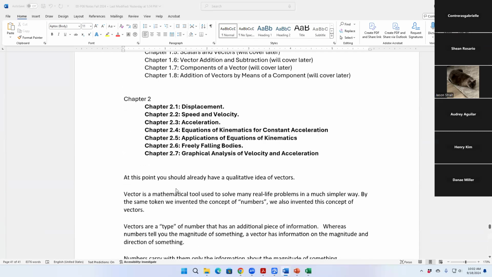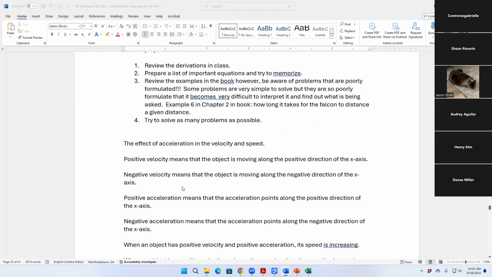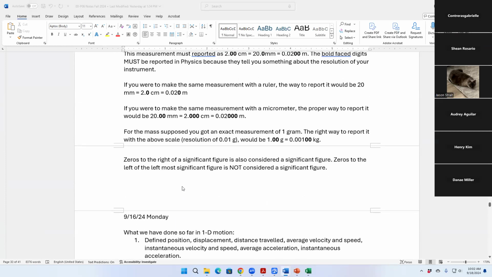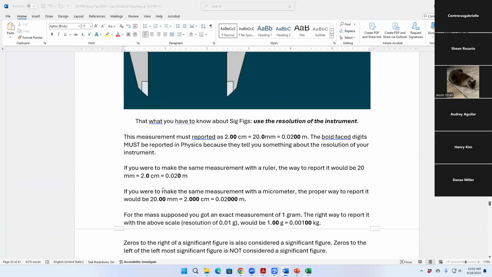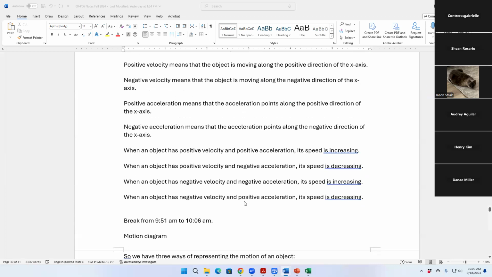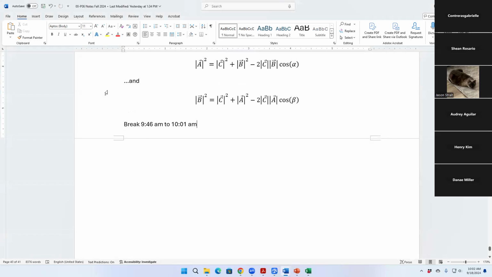Or in the lab. Okay, we were talking about the rules of significant figures. I'm going to put the break right in here.